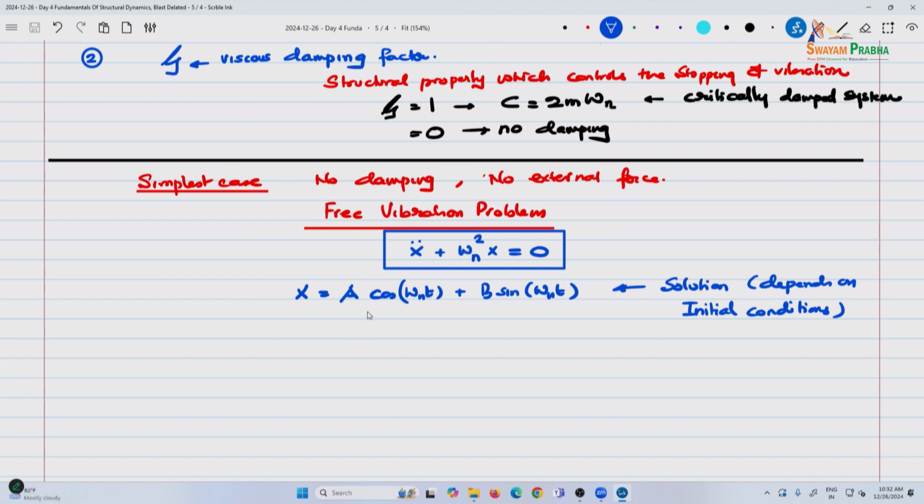So, the initial conditions here are, let us assume, for example, at t equal to 0, we are looking in terms of x. It starts from x equal to 0 and t equal to 0, let us say x dot, which is your initial velocity, is 0.